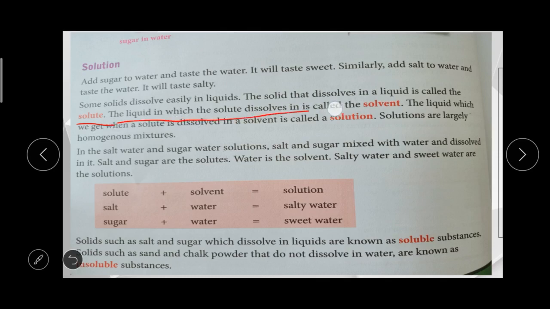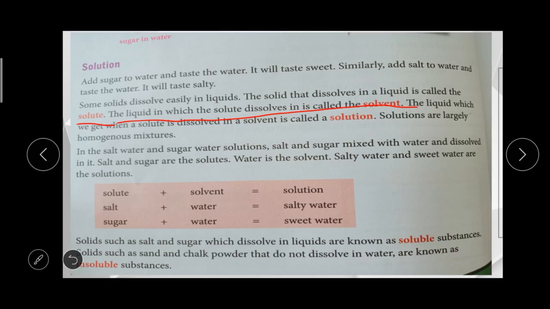The liquid in which the solute dissolves is called the solvent. The liquid we get after mixing the solute and solvent, salt and water together, is called the solution.